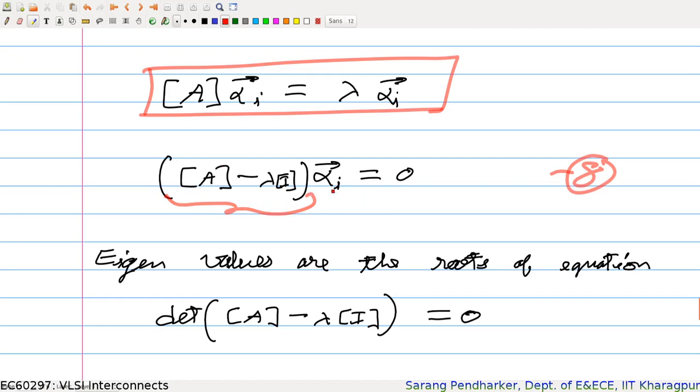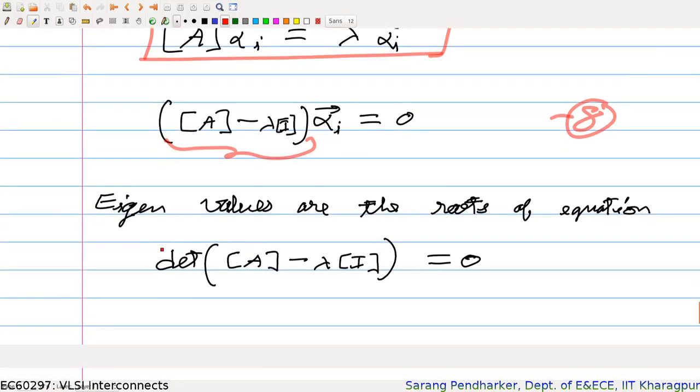If this determinant is not equal to 0, then all components of alpha i have to be 0, which is not a case that we would consider here, because that's a trivial solution.